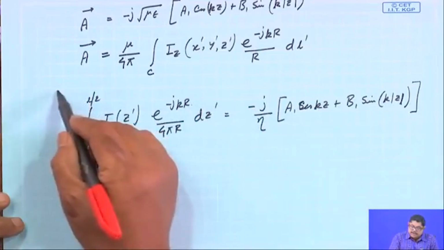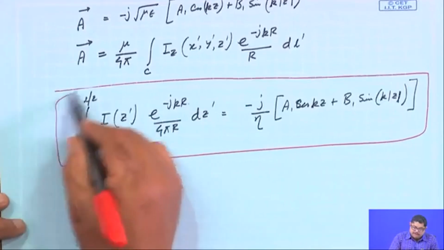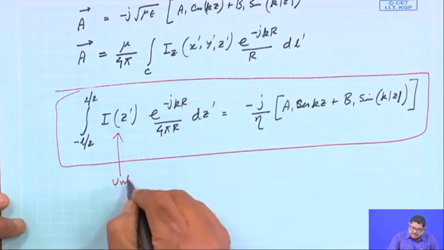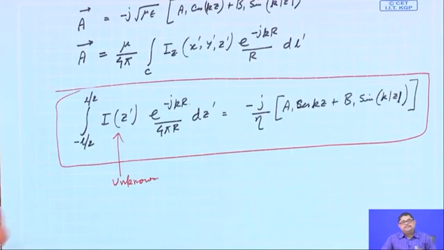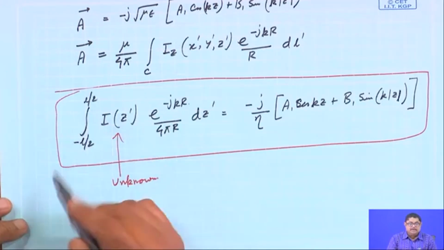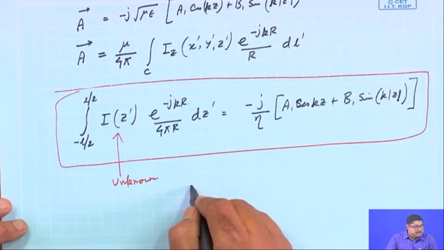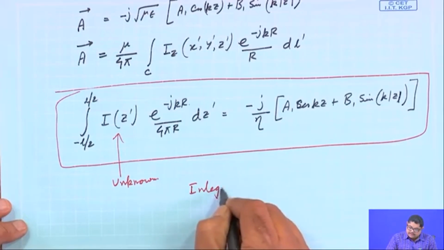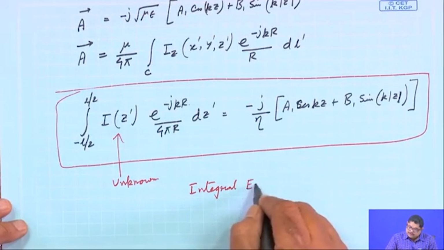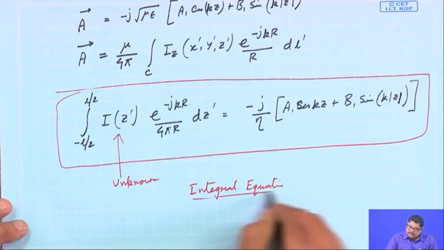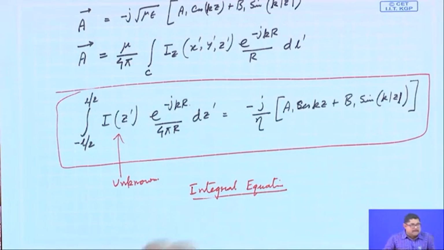This formulation is an integral equation formulation, because this is unknown and this is under an integration. This is the definition of any integral equation: if the unknown is in the integrand of an integration, then that is called an integral equation. So, this needs to be solved. Actually, this equation is called Hallen's equation.